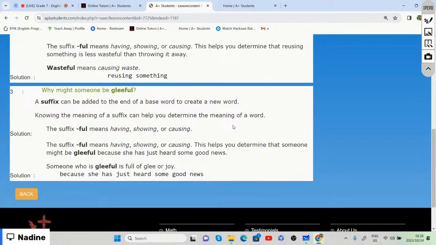So gleeful probably refers to the excitement. They're full of glee, they're full of joy. The excitement, the joy. That is gleeful. And why might someone be gleeful? Because she has just heard maybe some good news. So now she is gleeful.